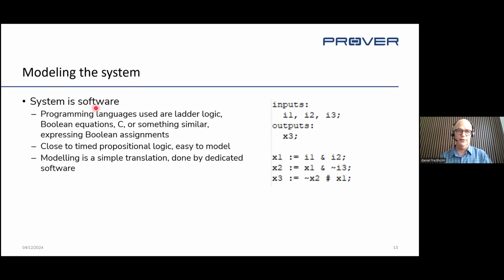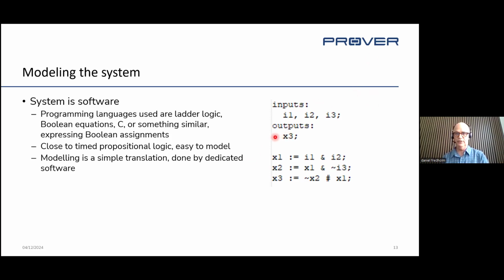And the software is usually written in a programming language, which could be ladder logic, Boolean equations, a fragment of C or a fragment of Ada, or something similar. But the main thing is that it is very often some kind of Boolean assignment language that we're dealing with. And usually, as illustrated by this generic example, you have a bunch of Boolean variables. Some of them are inputs, meaning that they provide you with information from the surrounding system.